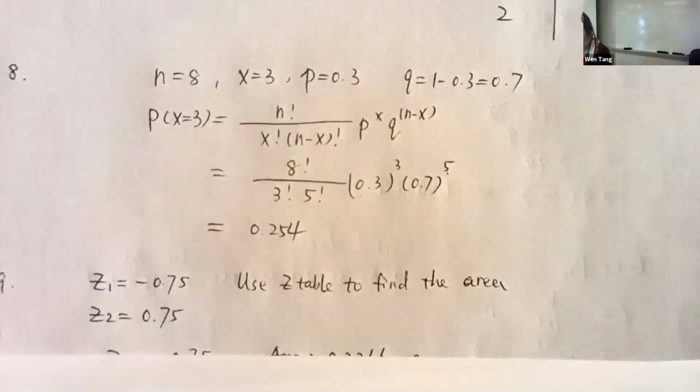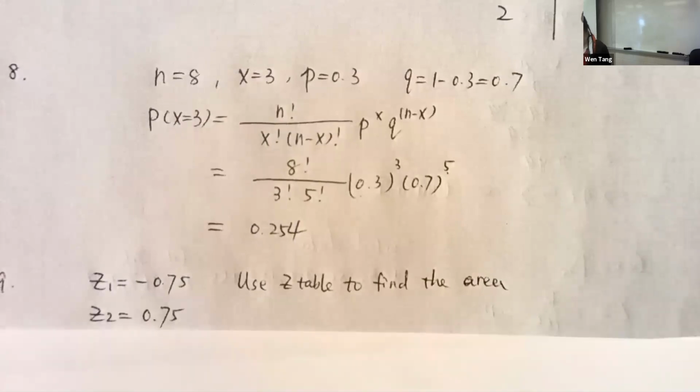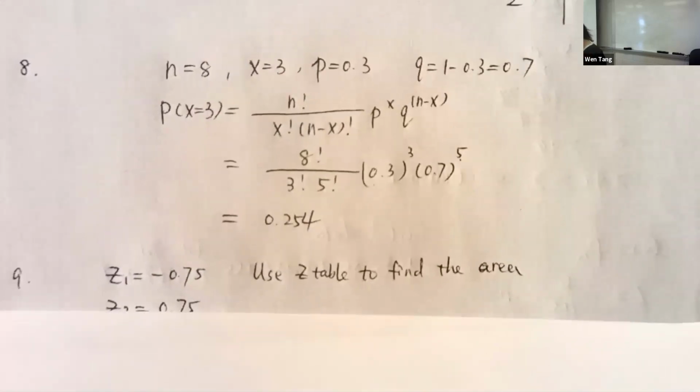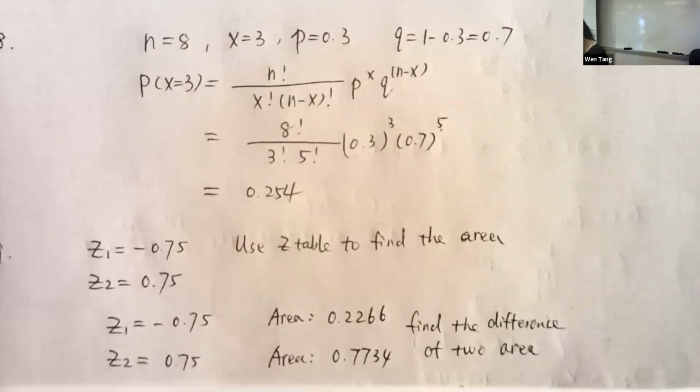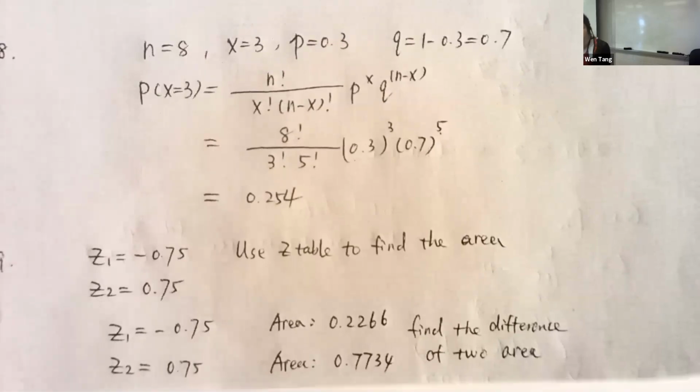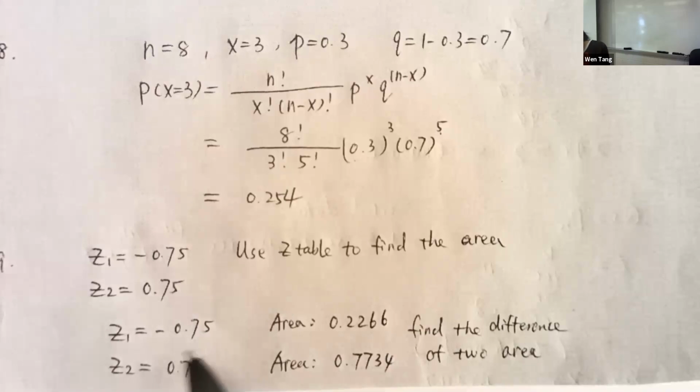So we have listed 2 Z's. We know we should use the table, right? The area is just the probability. So let's go check the Z table. For the first Z, we're going to find one corresponding area. One Z, one area.